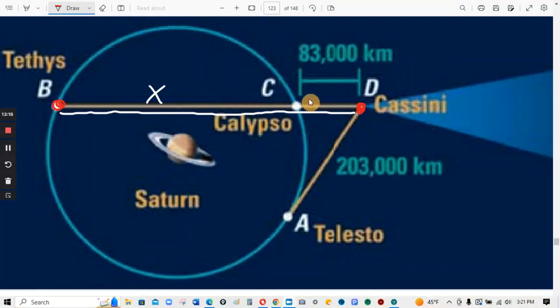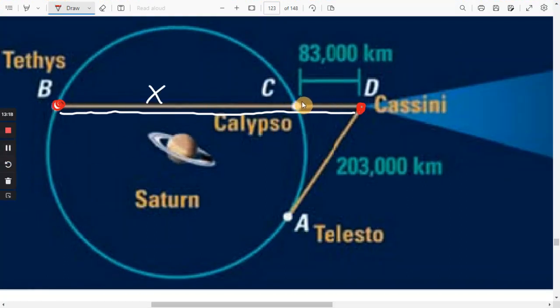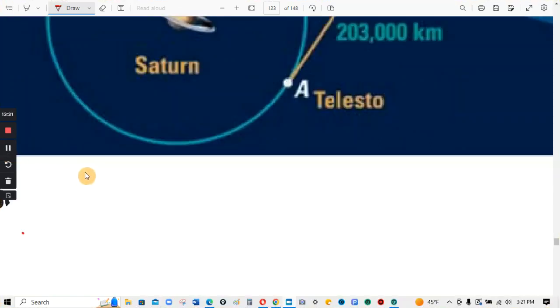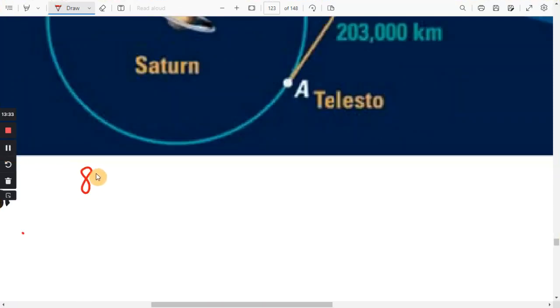All right, so we said this here, the external segment, which is 83,000, times the whole thing, which is x plus 83,000. So 83,000 times x plus 83,000.